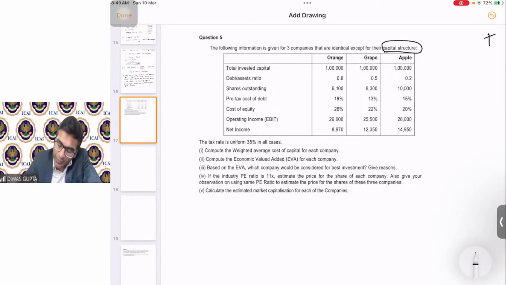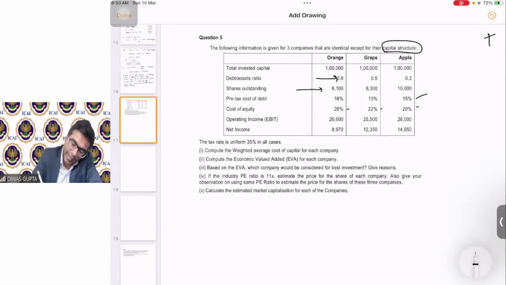Okay. Now the debts are having different amounts. Shares outstanding, these are the numbers. Pre-tax cost of debt. This is the pre-tax cost of debt. 16%, 13%, and 15%. There are different percentages of the cost of debt. Then cost of equity, students. Cost of equity is how much? 26, 22, and 20.